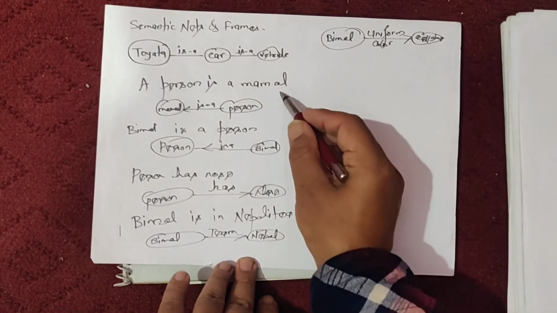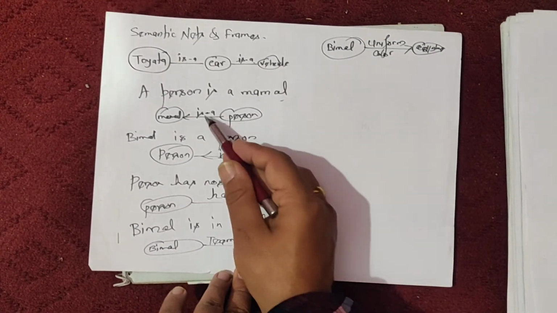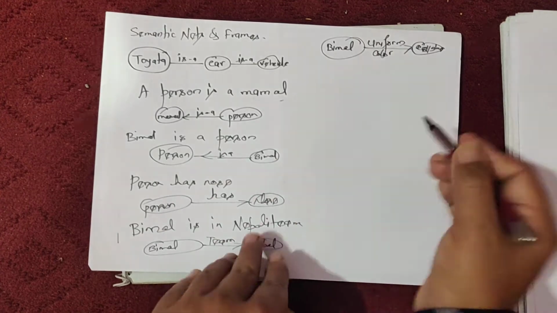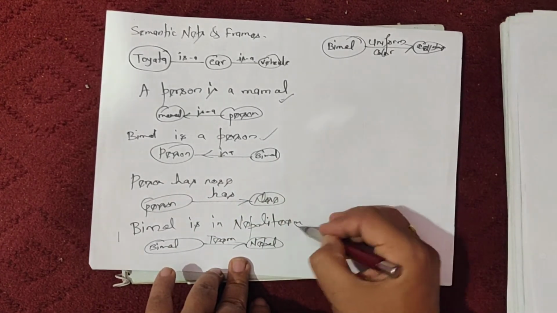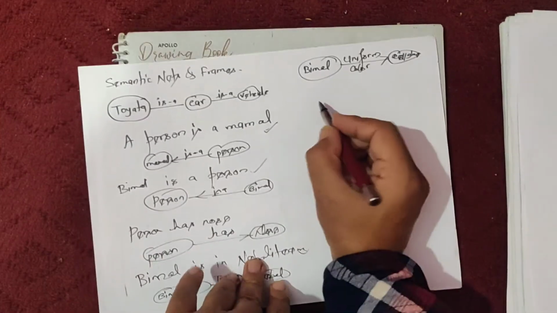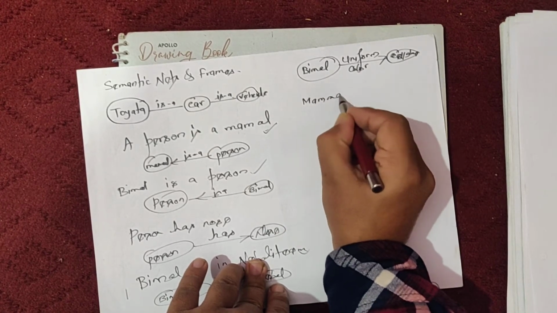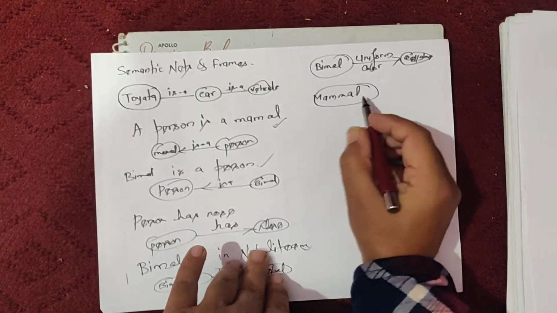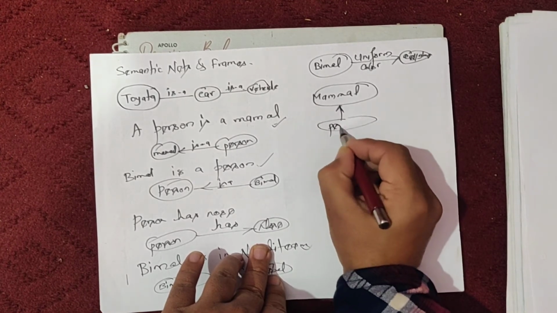So these are the statements, and its semantic net is this. That means nodes and relationship arcs. By combining these five statements, we can generate the graph like this: mammal, person.